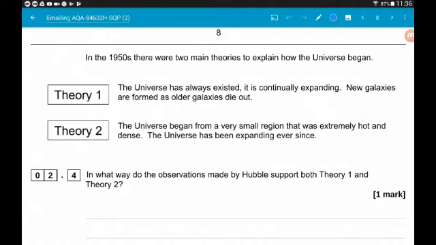So we are asked, in what way do the observations made by Hubble support Theory 1 and Theory 2? So his observations suggest that the universe is expanding. Both theories suggest that the universe is expanding, so that is how Hubble's observations support both theories, that the universe is expanding.